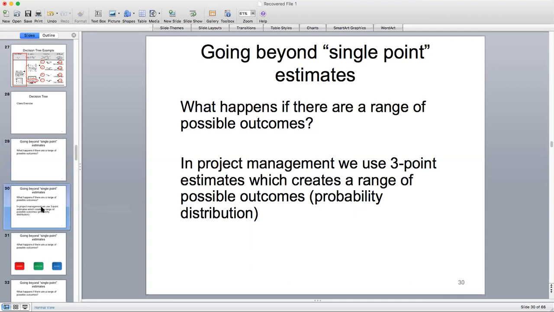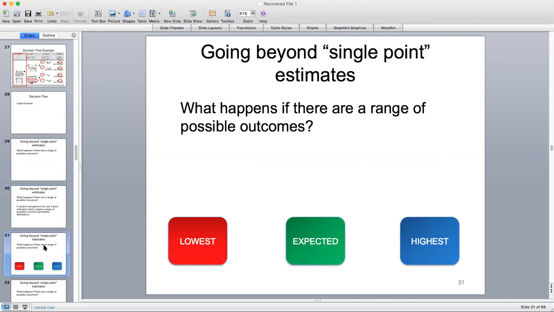This is used when you have expert opinion to try to get the best guess for predicting risk impacts for projects. So it's called the PERT estimate. And what we end up with is lowest, expected, and highest value. So the lowest cost would be the best case, what we expect that project risk to cost an organization in terms of time or money, and then the highest, the worst case.